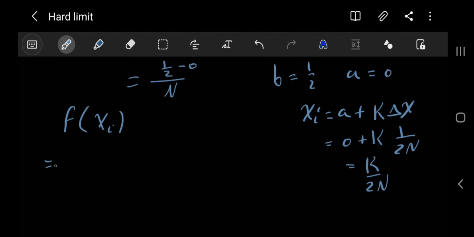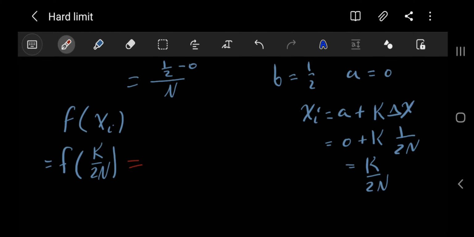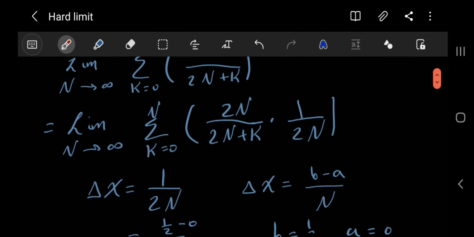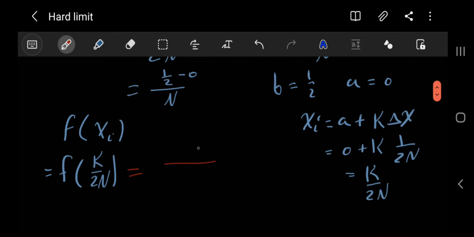So f of xi is equal to f of k over 2n. Let's change the color. f of k over 2n is equal to the remaining part, which is 2n over 2n plus k.